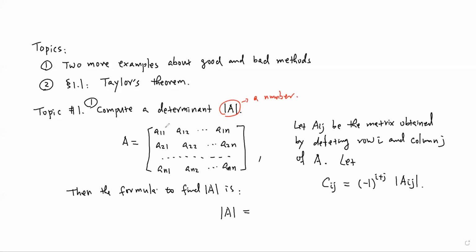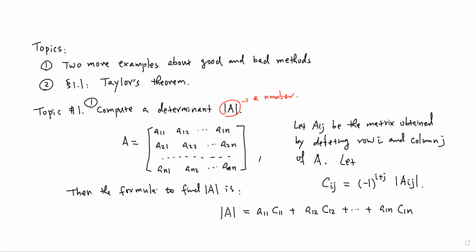The first entry is A11 times C11. C is defined here. And then plus the second entry, A12 times C12, and so on. The last term is A1n times C1n. This is the formula to compute a determinant.